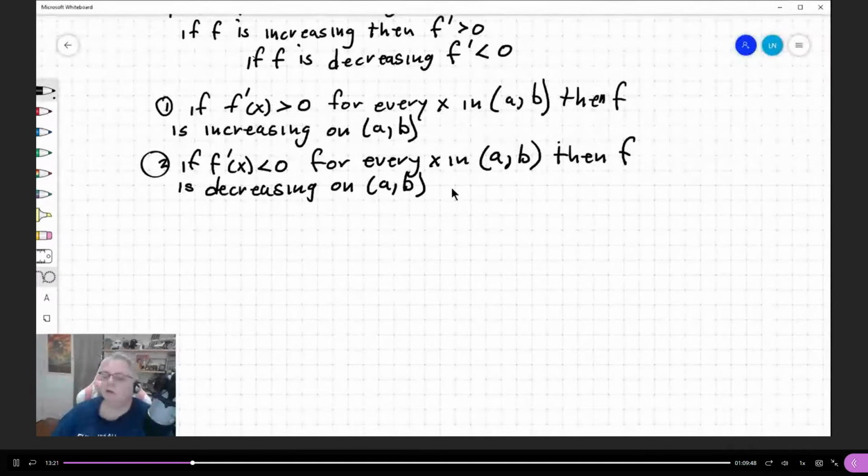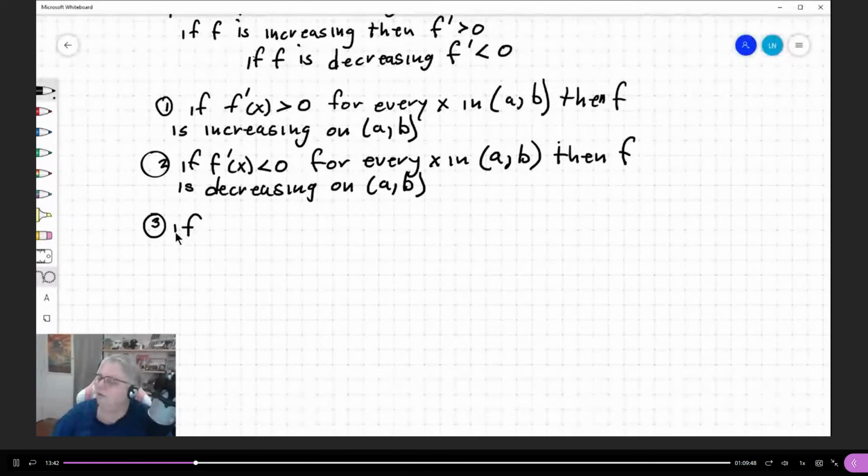So if your derivative is negative, then your function is decreasing. Now there's one extra part that the book puts in, and that is if f prime is 0 for every value of x in an interval, then f is a constant function. So I'll put that in.